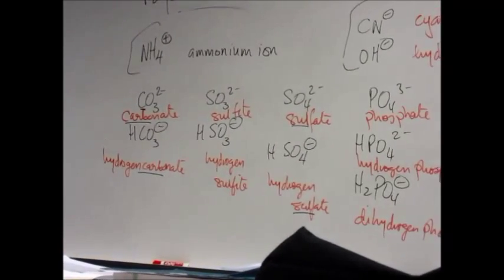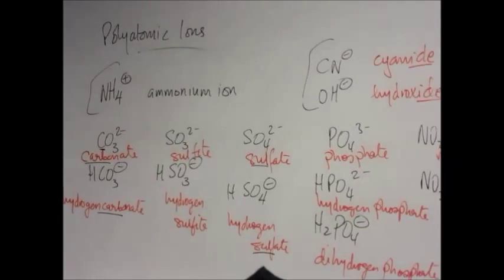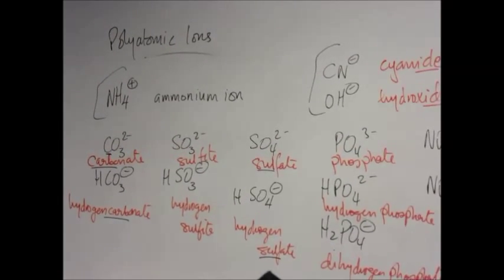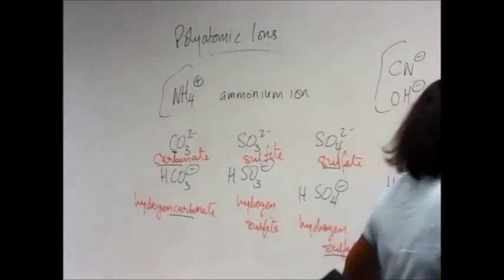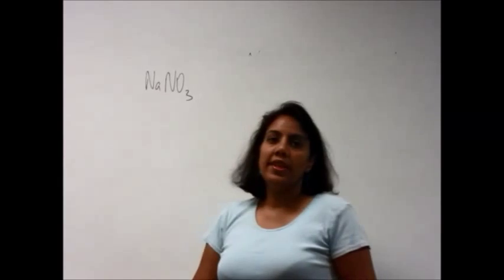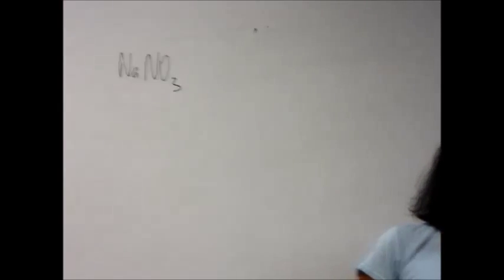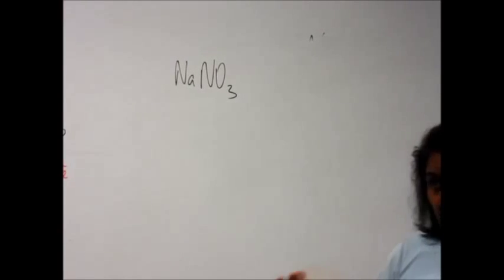But please memorize these. The way we use polyatomic ions in nomenclature is just like any other anion, which means any other non-metal. So for example, NaNO3. Sodium is sodium, just the way it is.